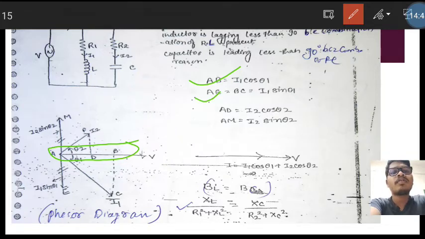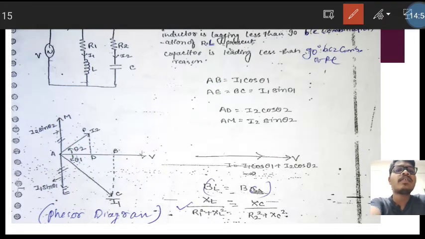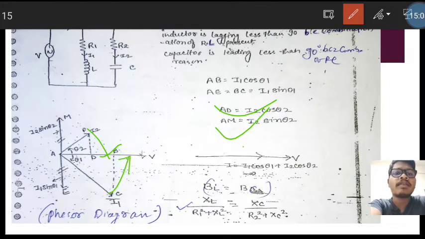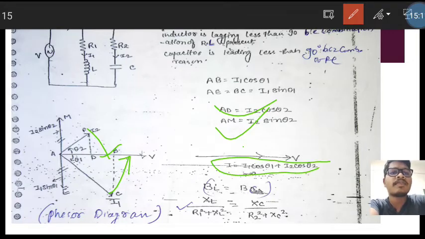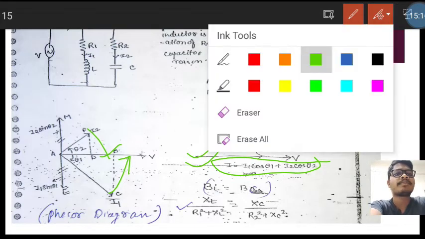AE or BC is equal to I1 sin theta 1, and AD is equal to I2 cos theta 2, AM is equal to I2 sin theta 2. After taking both currents with reference to the voltage, the total current I is equal to I1 cos theta 1 plus I2 cos theta 2. This is the actual resulting figure.